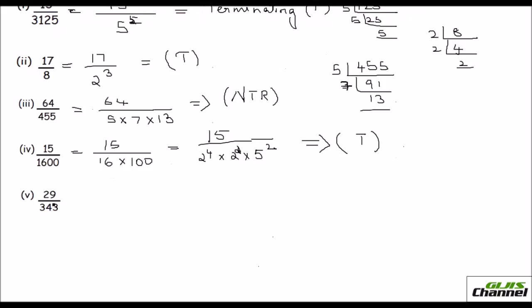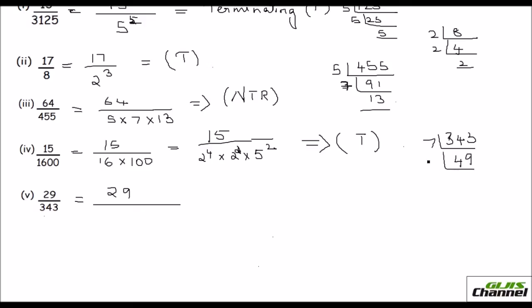Okay? And the final one over here is 29. Don't bother about the 29. Just leave the denominator as it is. This is like 343, right? I think 3 cannot go in this. Maybe 7 goes. So that's 28, 4 times. This is 49.